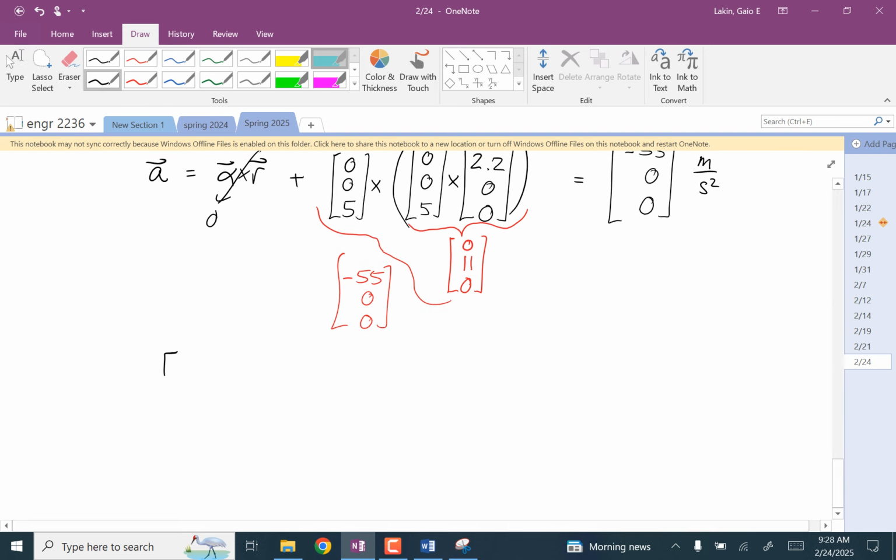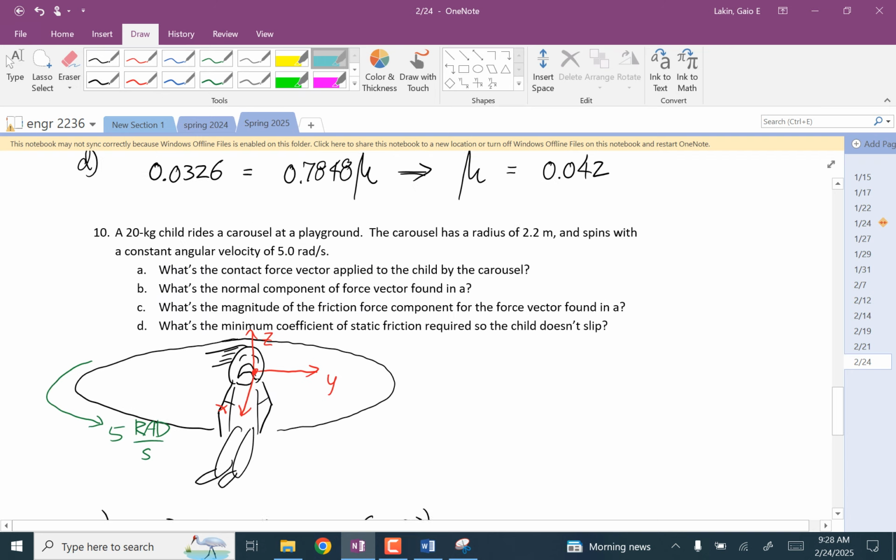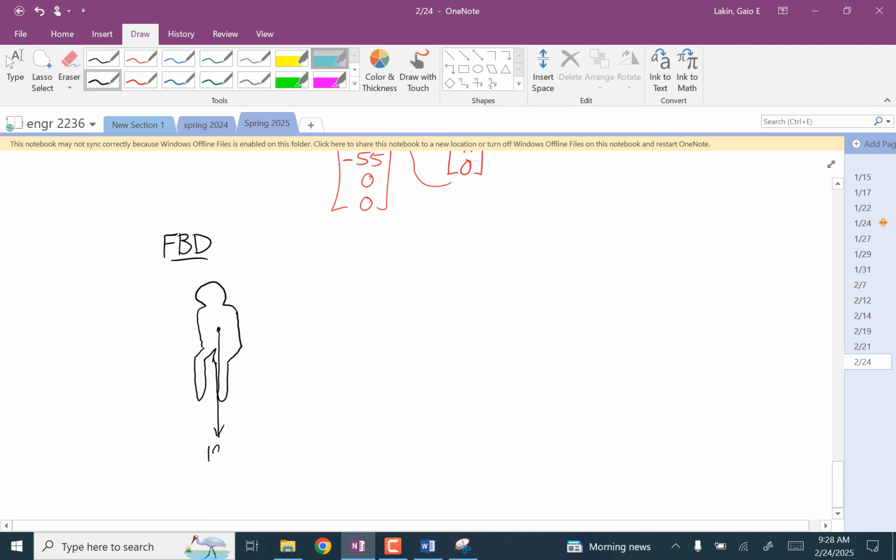Okay, so I'm going to do this in 3D, sort of. There's the child. And let's think about what forces are acting. There's a weight force down. The child's mass is 20 kilograms, so this is 196.2.